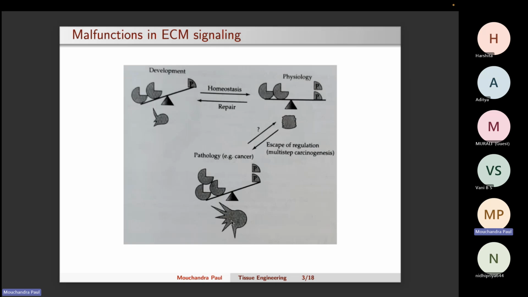When this balance is lost, a pathological condition like cancer can develop. This can happen due to mutation in the MMP protein, which can lead to overexpression of that MMP protein, and thus the composition of the ECM of the tissue changes rapidly. So the balance between these two things is very important for maintaining a homeostatic condition of a tissue.